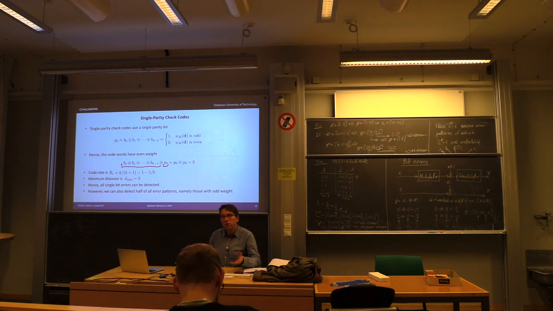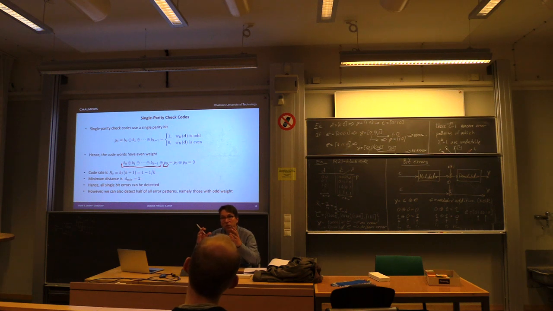So what the receiver needs to do is simply to count how many 1 bits are there. Is that even or odd? That's what it needs to do. Very, very simple calculation, very simple hardware, cheap, right? Is it any good? Well, it's okay, right? But we could do better. But it's not as bad as one might think.